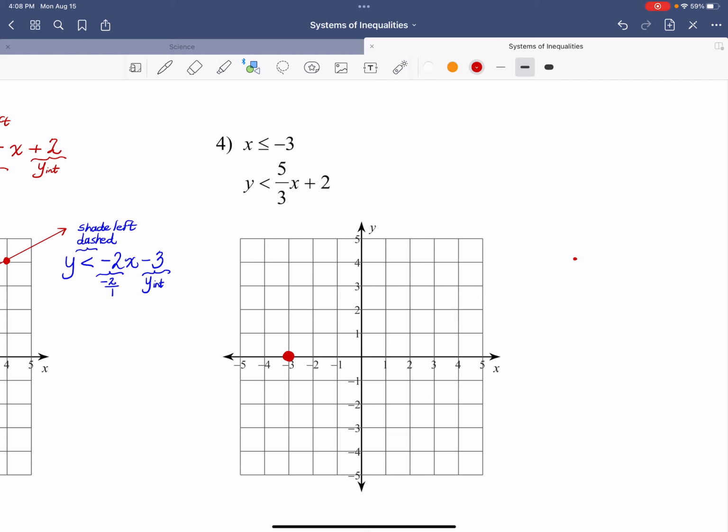So at -3, I'm just going to put a vertical line and let that be it. It is a solid one because of the equal sign. Let me go ahead and put that in. There's a solid line because we have the equality component, and it's going to be at -3. And that's really all you can do with that one.